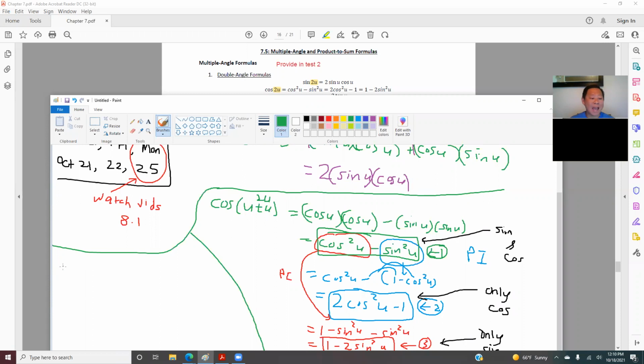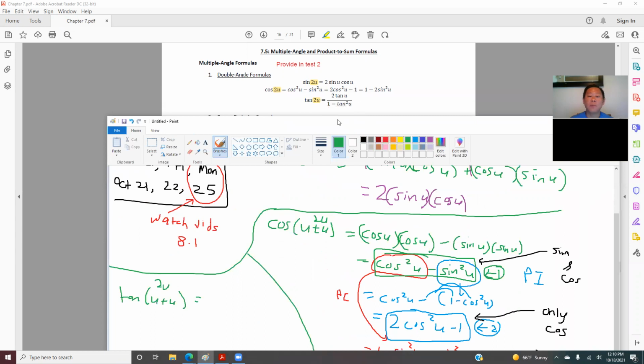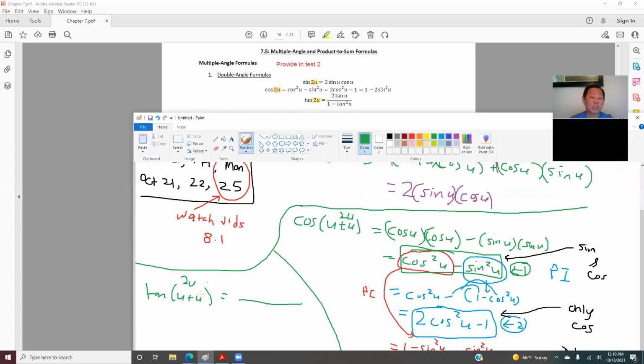Now we will do tangent 2u. So again, tangent 2u is tangent u plus u. And where does this formula come from? Again, it comes from 7.4 when we did the addition and subtraction. Can someone tell me what tangent u plus v is? Anyone?